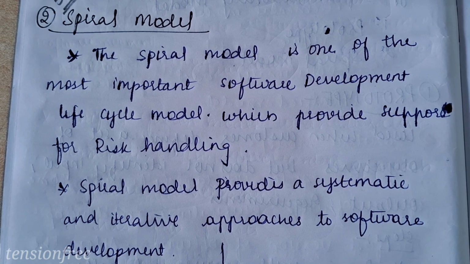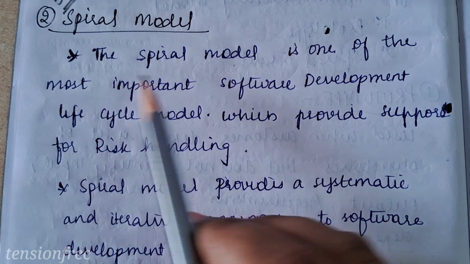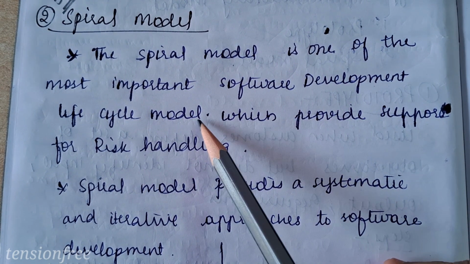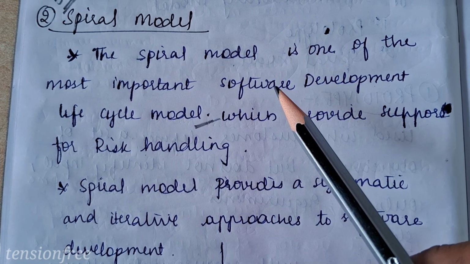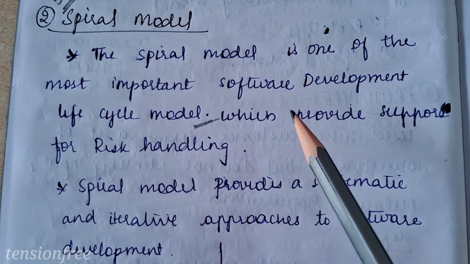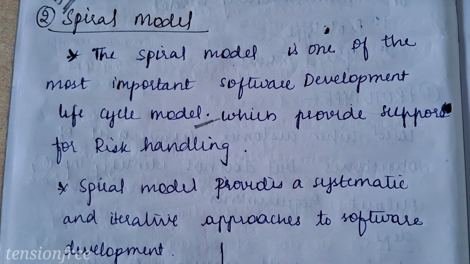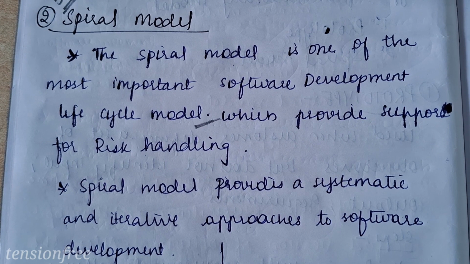Coming to the concept of the spiral model, the spiral model is one of the most important software development life cycle models. As I have said before, it's a very important model. It provides support for risk handling. Risk will be handled in the spiral model.